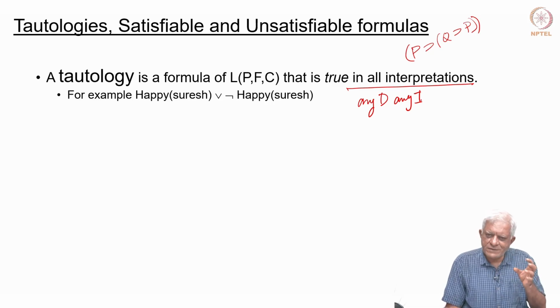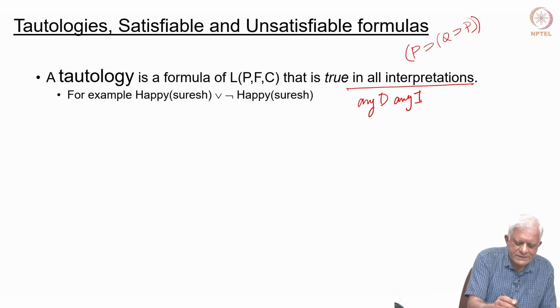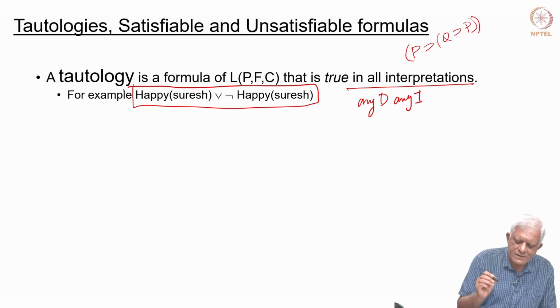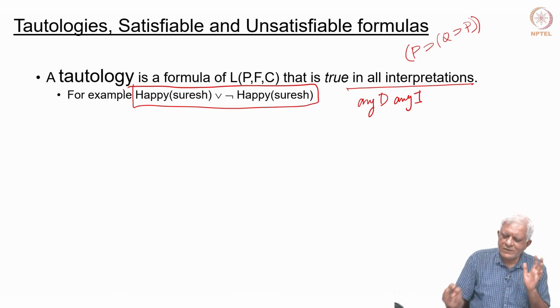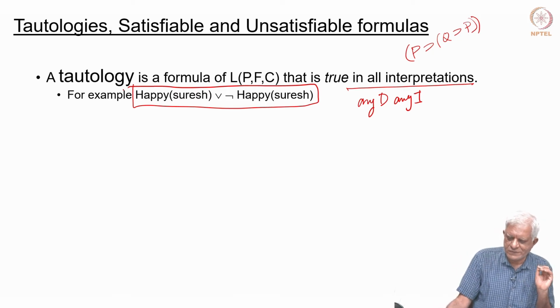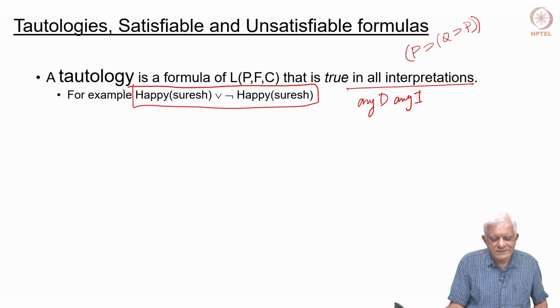It does not matter what is the meaning of happy essentially. You choose a domain, you choose an interpretation, and this sentence in our language will be true irrespective of what domain and interpretation you choose. Always true, a sentence which is always true. Sometimes we also call this a valid formula.